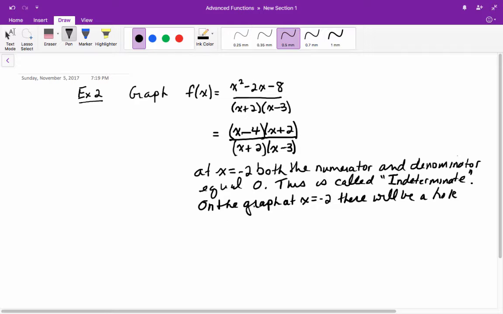The function also simplifies if we cancel out the x plus 2's. It becomes x minus 4 over x minus 3.